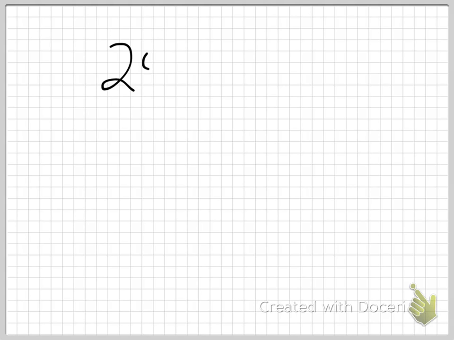Try 24 over 32, 30 seconds. Reduce that, please. What did you do? Dylan, what did you do? I found the greatest common factor of the two and divided it by. What is the greatest common factor? 8. So Jared, what are you doing?